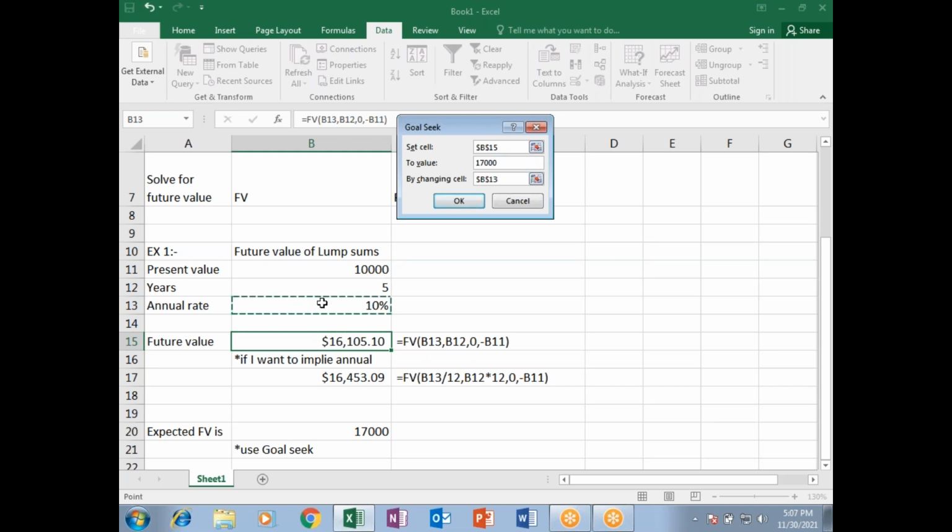I will select rate. Understood? Then if I click OK, immediately it will change to the 17,000.